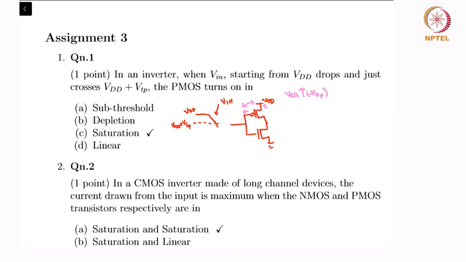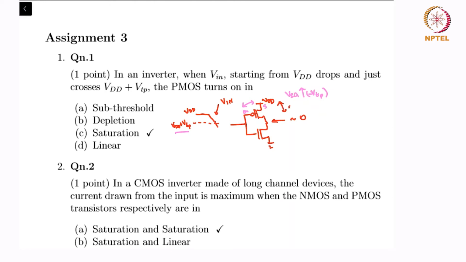Actually, it's minus VTP. VSG is VDD, VS is VDD, VG is VDD minus VTP. So VSG will just increase beyond minus VTP. So that means it just turns on, and the output voltage, because the PMOS is just turned on, will still be close to ground.